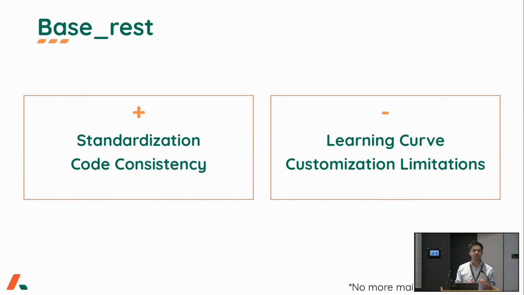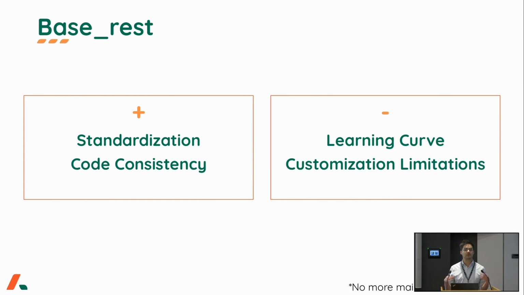And moreover, if you are willing to do some really specialized stuff with your API, you might end up diving into the implementation of base REST and modifying some things in it. And this can be at least time-consuming or sometimes really difficult. So a small word about the module base REST that is in REST framework.